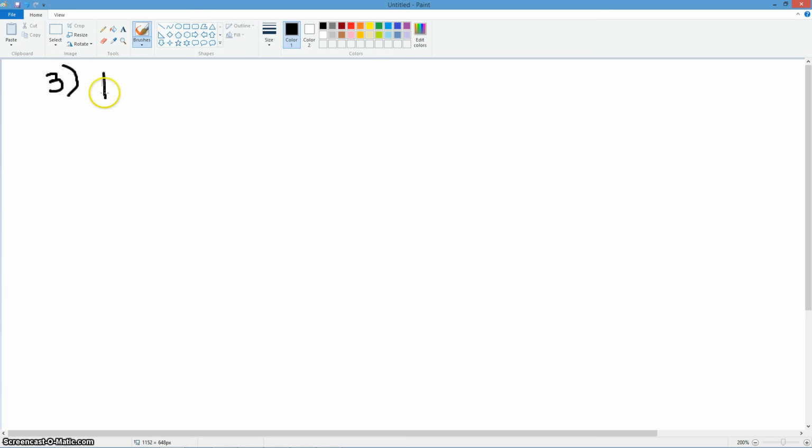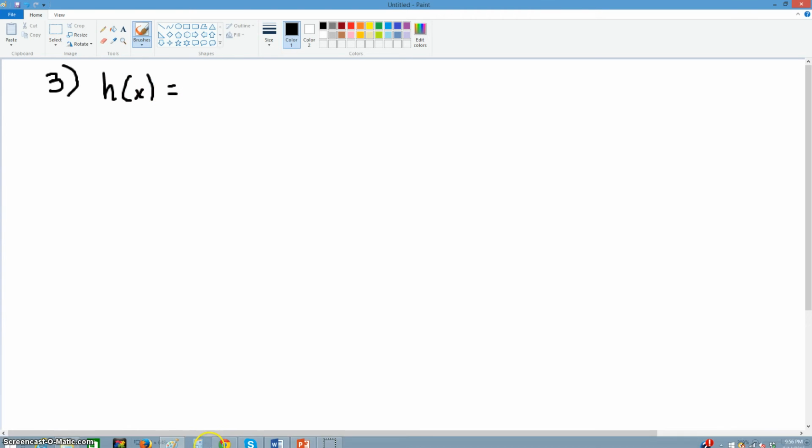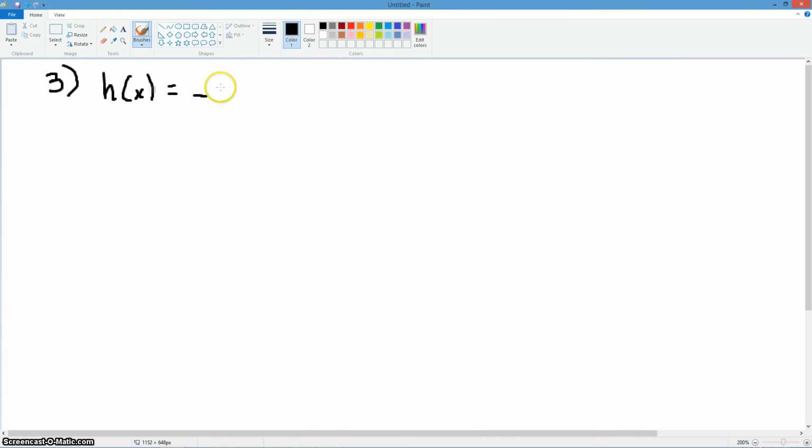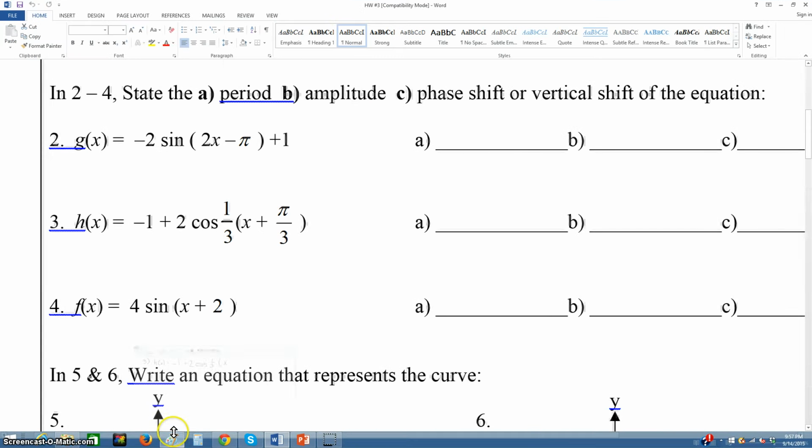H of x is equal to negative 1 plus 2 cosine 1/3 x plus pi over 3.